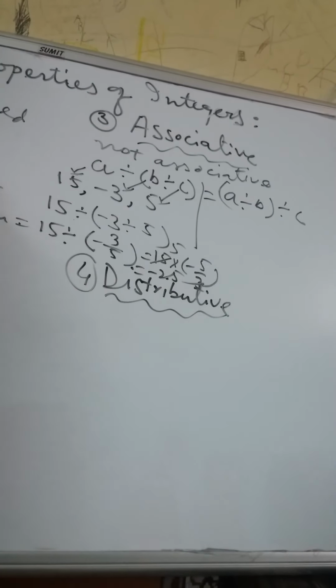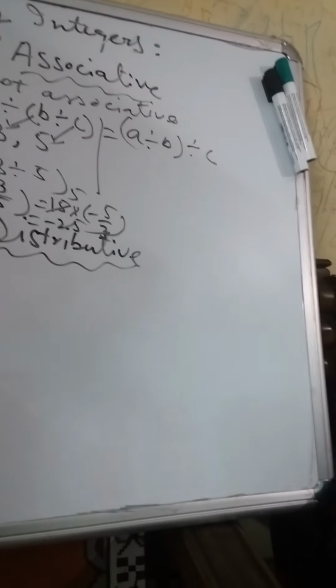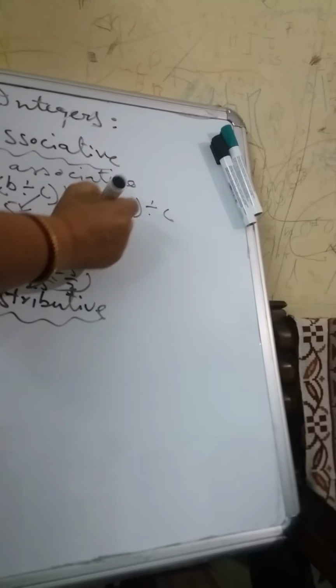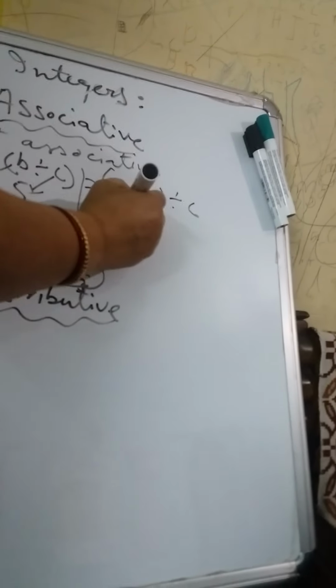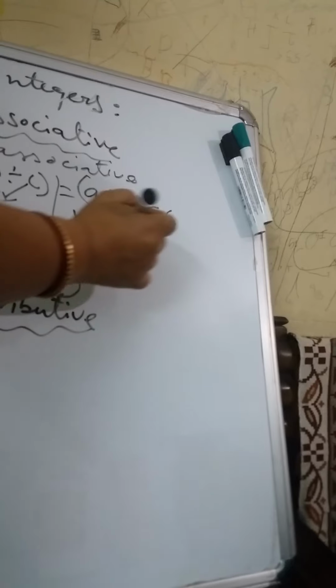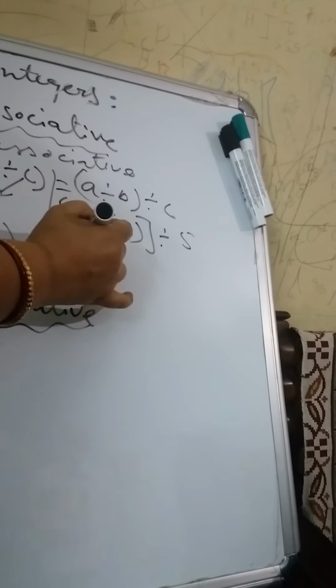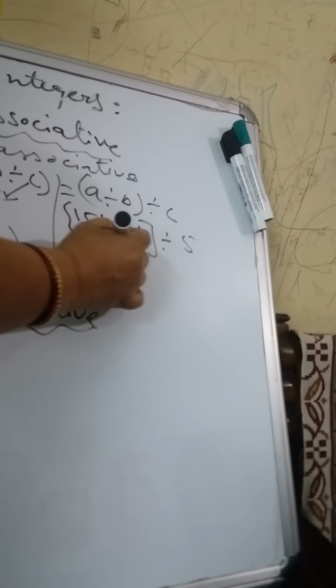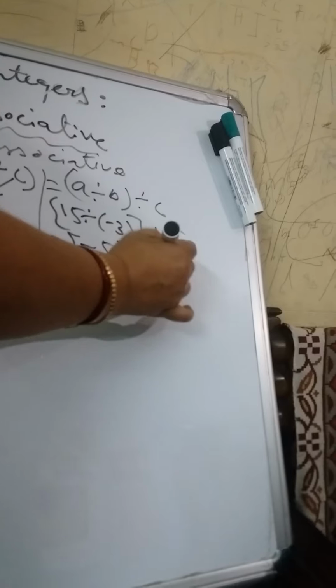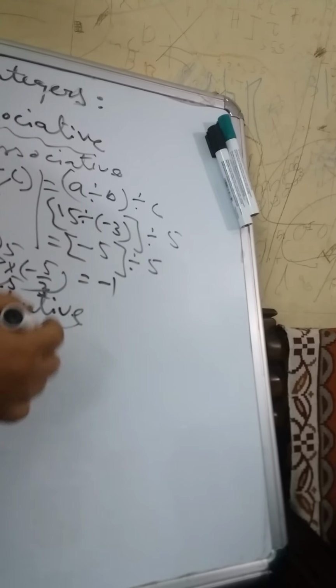Now I'll check it for the right hand side. So a divided by b, that means 15 divided by -3, and that is divided by 5. 15 divided by -3 is what? -5. -5 divided by 5 will be -1.